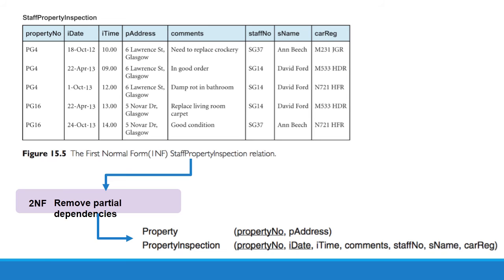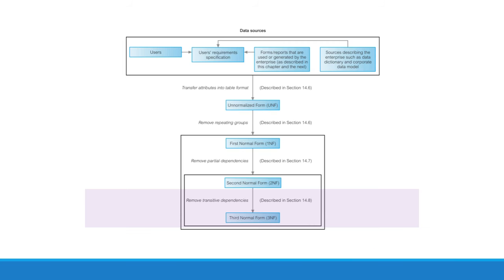And we leave the other table as it is: property number, inspection date, inspection time, comment, staff number, staff name, and car register. Okay, this is our second normal form.